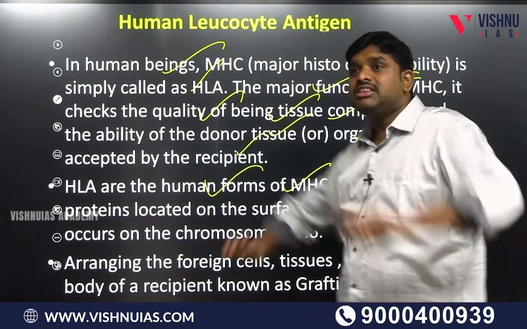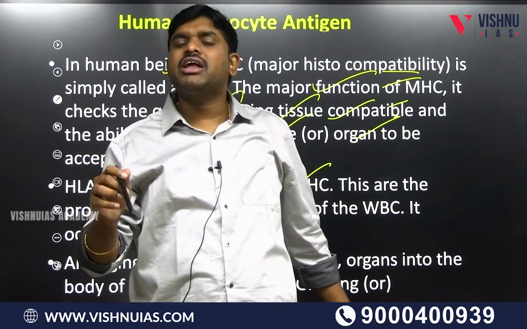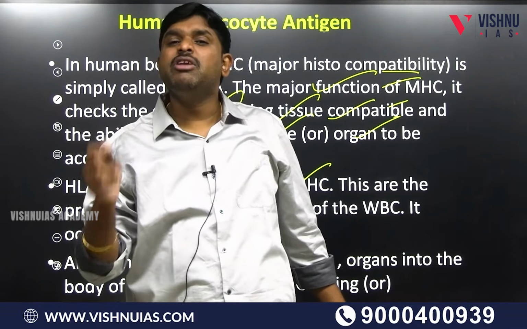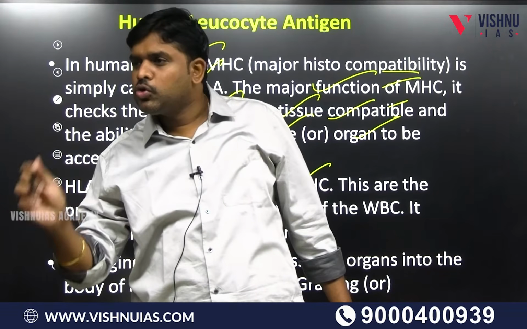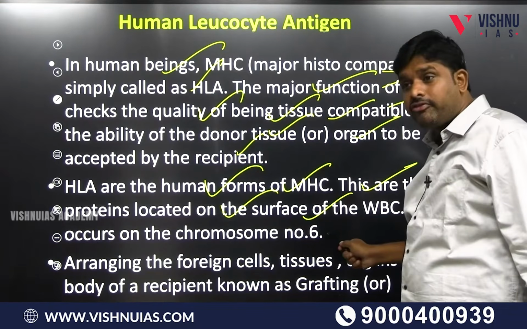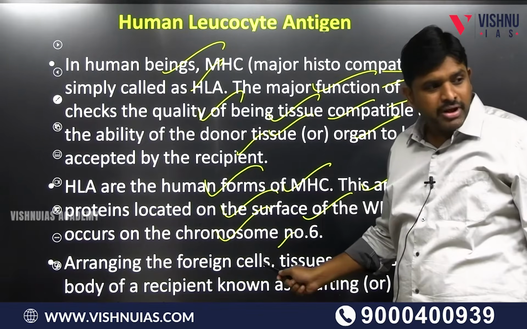So HLA, the concept is generally called major histocompatibility. In human beings, when we are comparing HLAs, it is also called major histocompatibility. That compatibility will be checked with which protein? Human leukocyte antigen. These are proteins located on the surface of WBC, and this HLA is because of chromosome number 6.